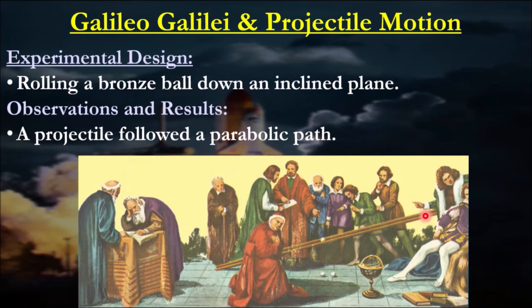Now, assuming that he placed the different mass spheres on the same starting point at the same angle, rolling the spheres down, both balls, assuming the really large one, so one with really high mass and one with really low mass, would reach the bottom of the plane at the same time, regardless of how heavy they are, so long as they started at the same position and obviously the inclined plane was at the same angle when the experiment was performed. So that was his main discovery there.